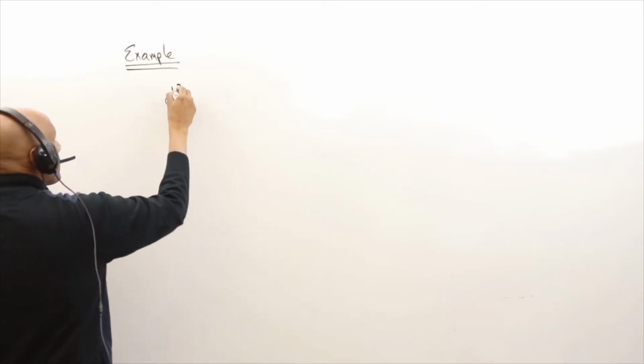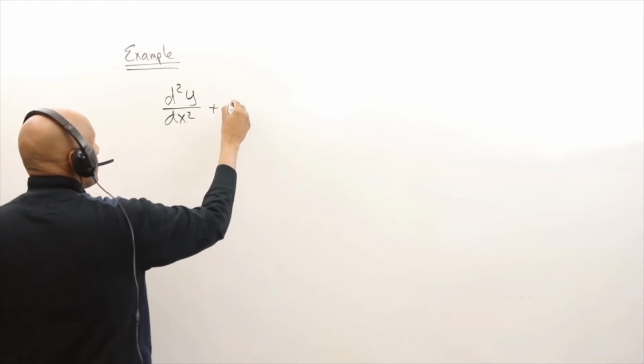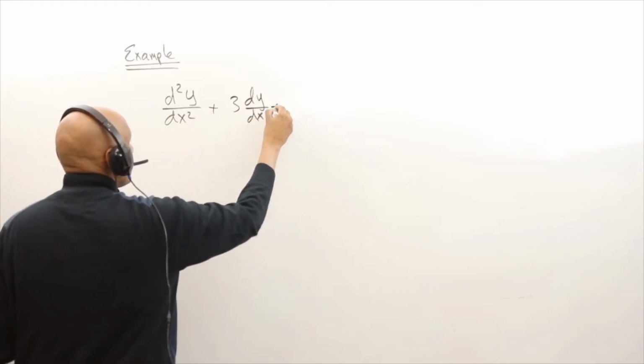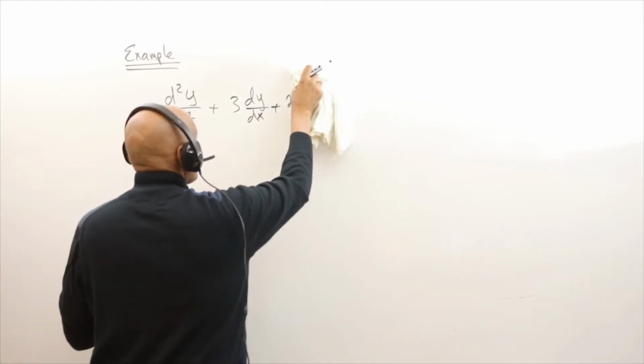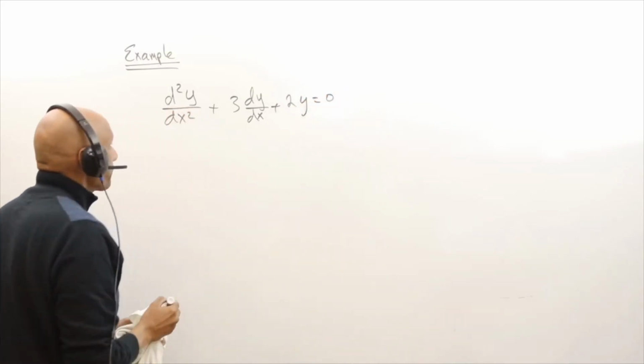Let's take a second order differential equation: d squared y over dx squared plus 3 dy dx plus 2y is equal to 0.